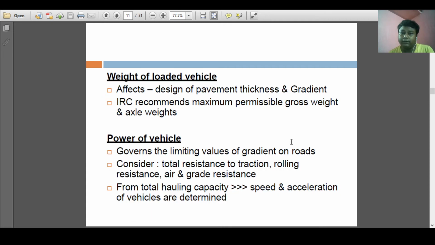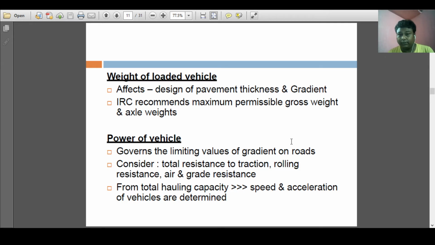Next is the weight of the loaded vehicles. There are two aspects: the effect on the design of pavement thickness and gradient, and the IRC recommended maximum permissible gross weight and axle load. These will be discussed in your bridge section, or while we design the bridge, what type of load comes into the picture.